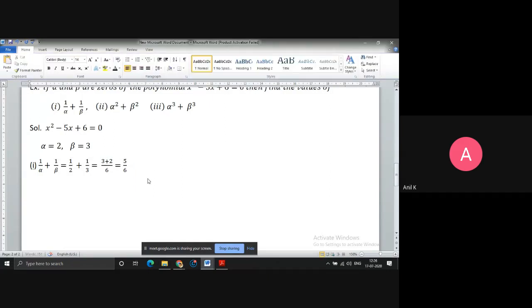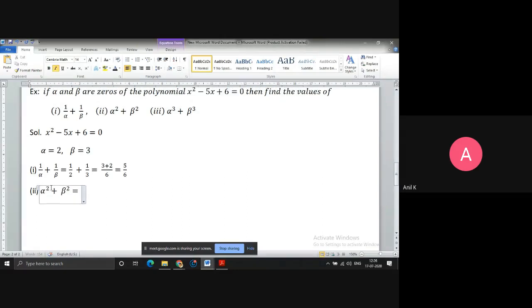So second question is, you have alpha square plus beta square, for example. Here alpha value is 2, so 2 square is 4. Beta value is 3, 3 square is 9. So 4 plus 9 will be 13. So second question is also done.